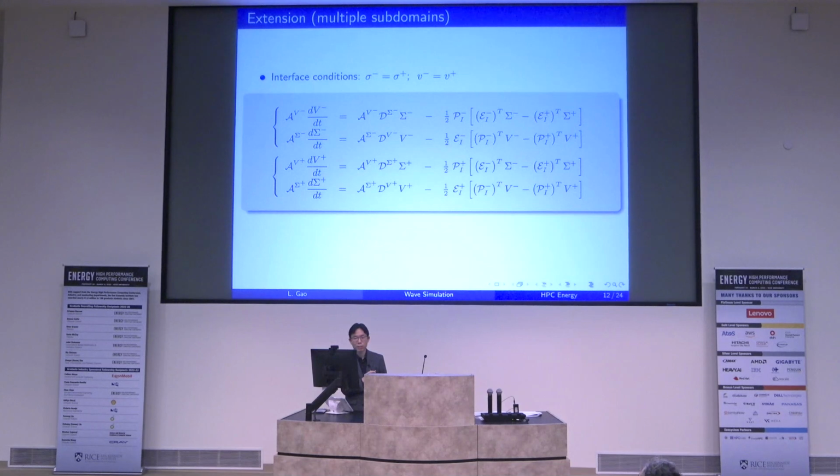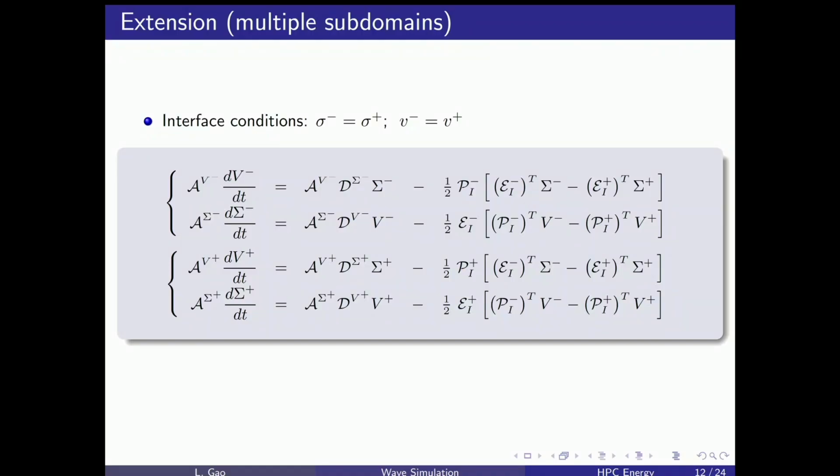The second question is, can you handle multiple subdomains? So this is actually where we want to use it. We want to use it to couple different subdomains together so that we can do a non-uniform discretization. The answer is yes. So if you remember previously, we essentially have a two-step process of the discretization. You do the discretization in the interior of the domain, and then you impose the boundary conditions through the penalty term.